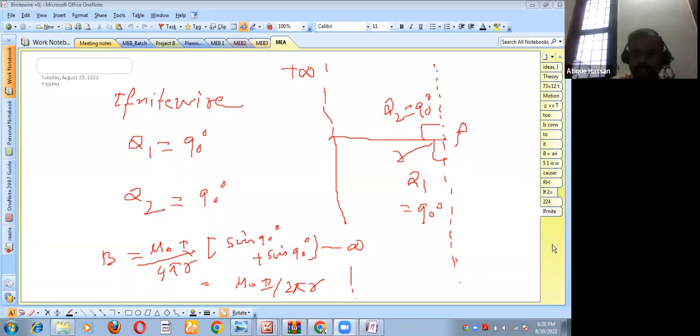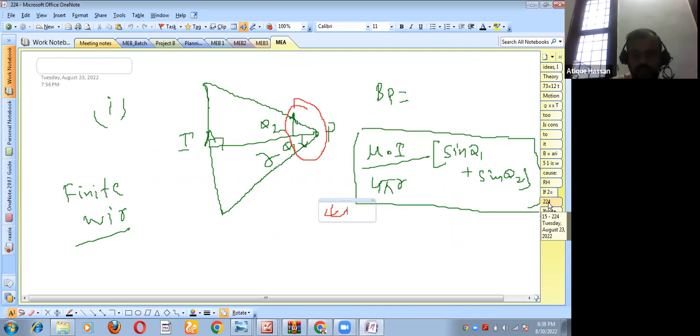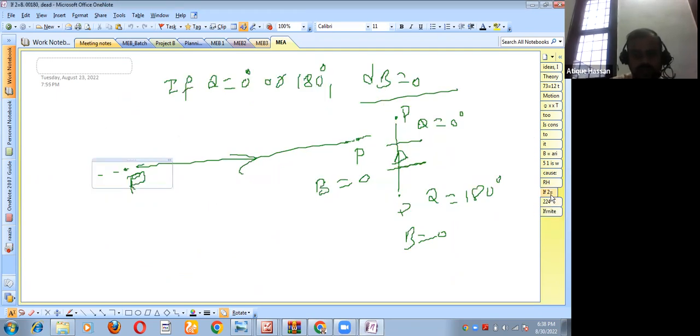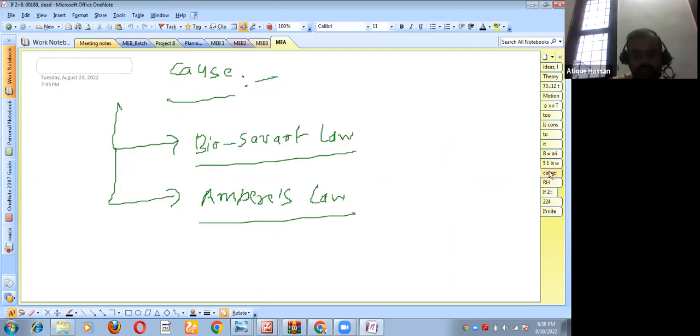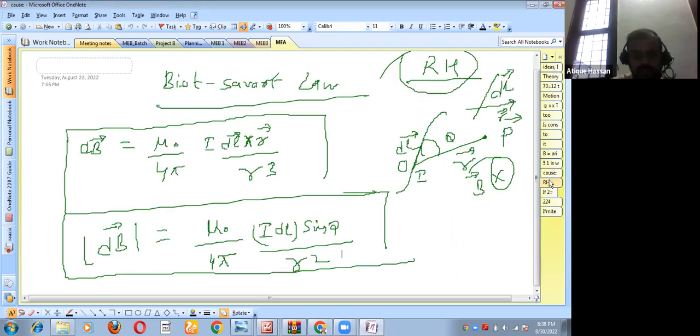So here we can see we were discussing magnetic field due to infinite wire, right? We have discussed the general formula and found the direction.